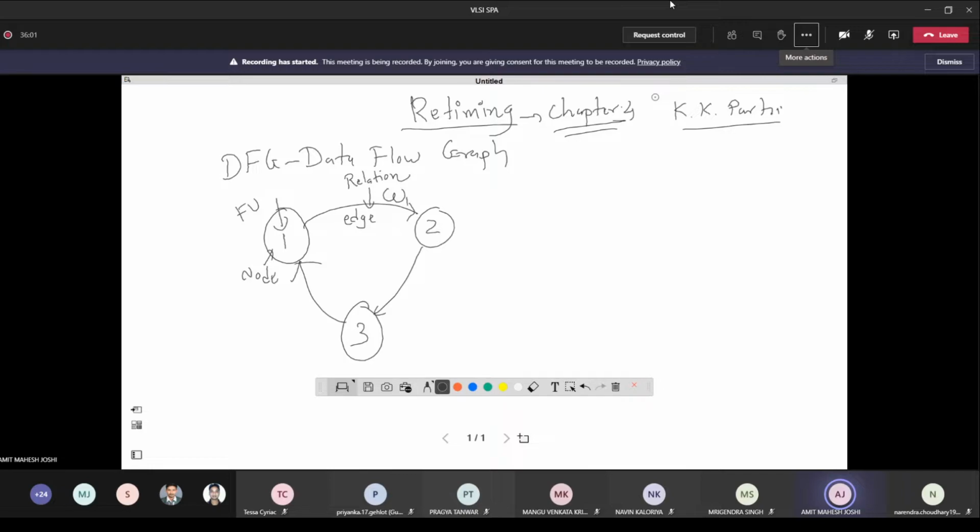This will always be in terms of D, and it could be D, 2D, 3D, like that. So 1D means a one clock delay.